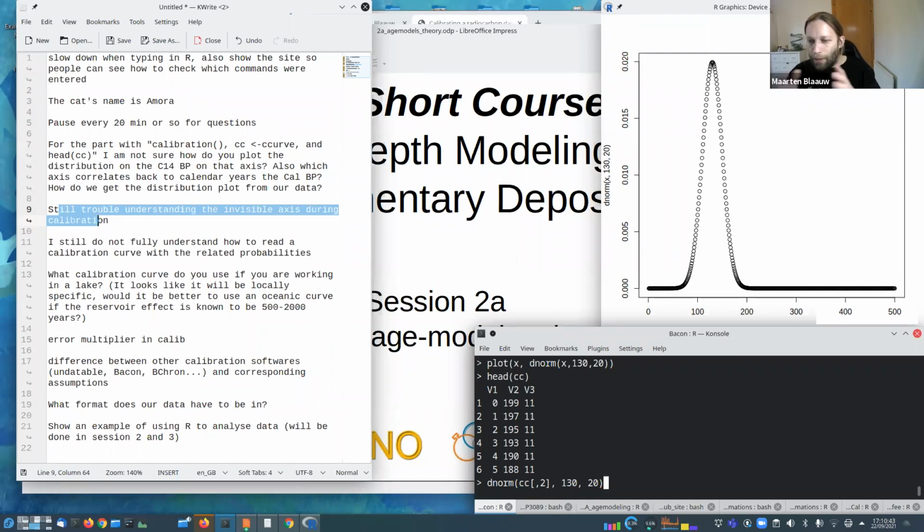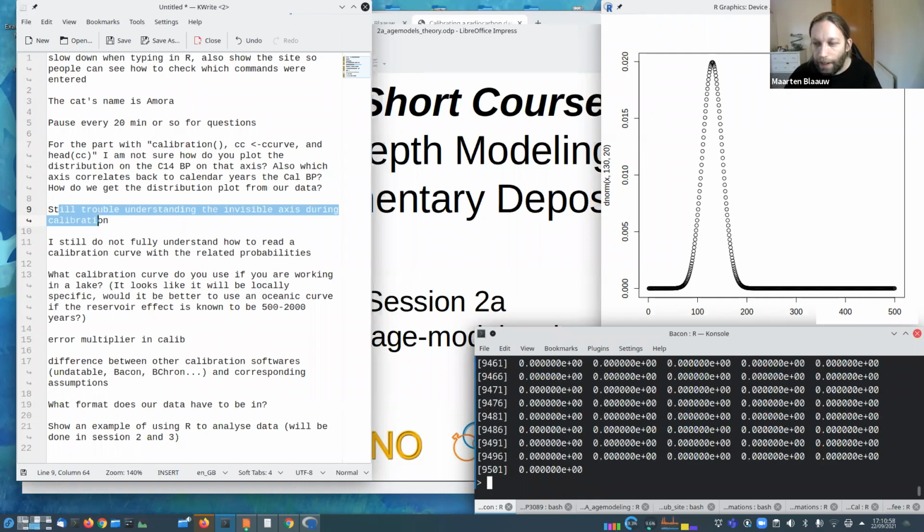So I ask: give me all the probabilities, assuming a normal distribution, for all the values of the radiocarbon year for each calendar year of the calibration curve. And again, I get a lot of numbers. Now I can give that another name, so I call it a variable mu or whatever.